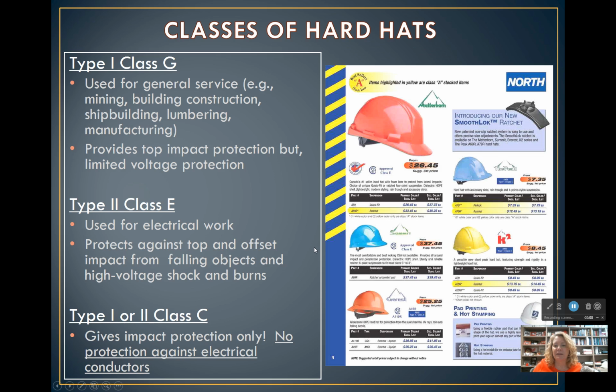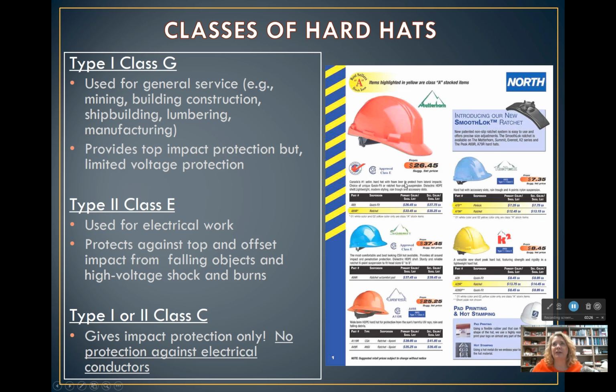Okay, so the classes of hard hats, there's going to be type 1 or type 2, and then the most common are going to be class G and class E or class C. And it'll have that, and it kind of talks about the information.